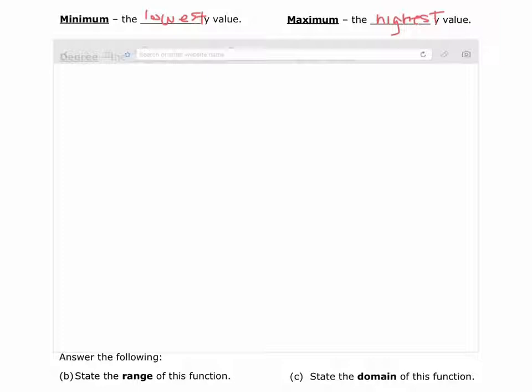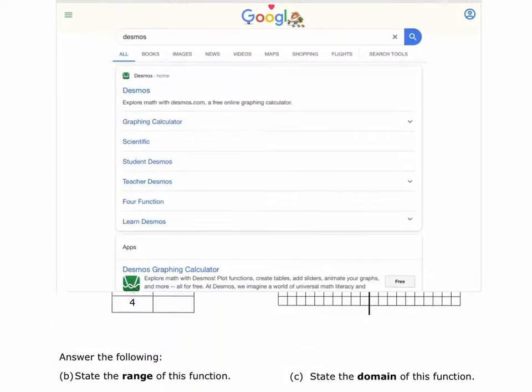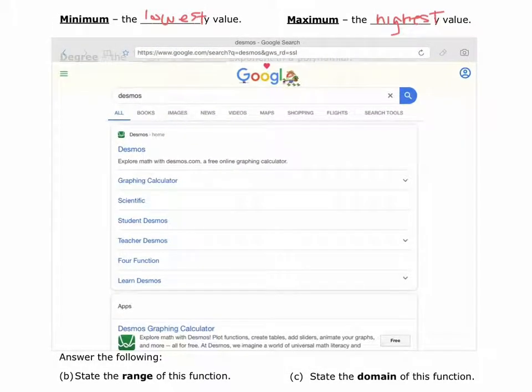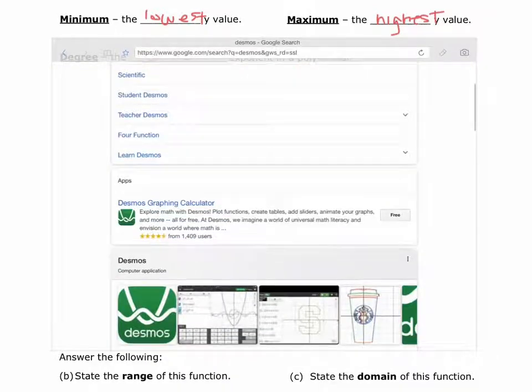Okay, so I've opened up the browser, and I'll end up moving this in a minute, but we're going to type in Desmos and search for that. You'll see it. It's just loading. And you will see right here, Desmos graphing calculator.